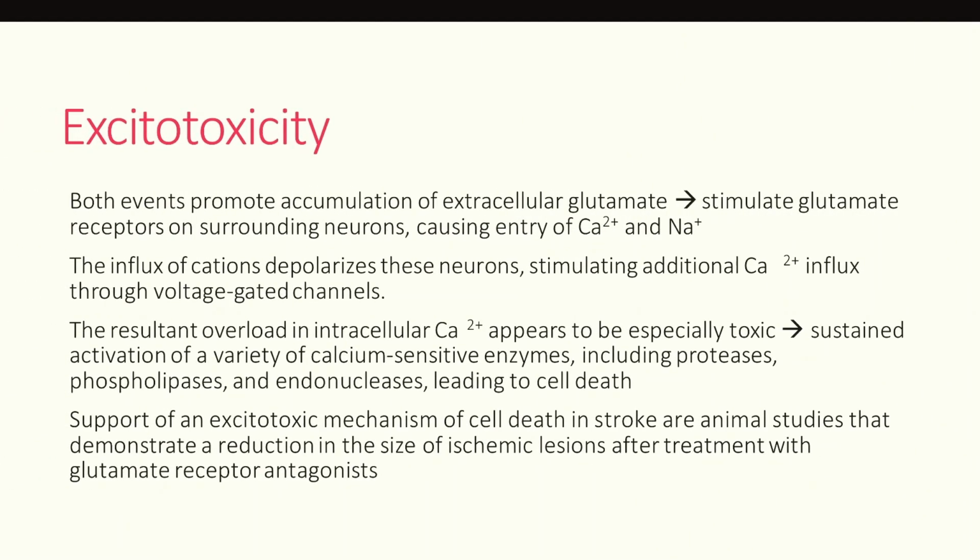So both events lead to increased glutamate. This keeps exciting. We get more calcium and sodium going into the cell because that's what's supposed to happen during excitation. It depolarizes the neuron, stimulating more calcium influx. Remember we talked about reperfusion injuries. What were some of the causes for reperfusion injuries?